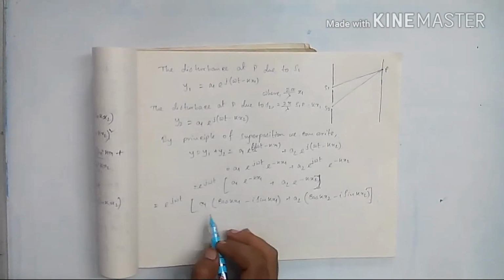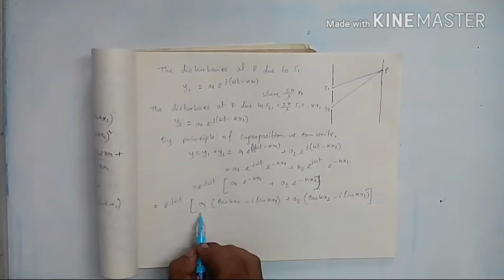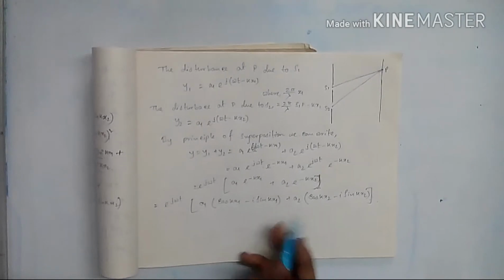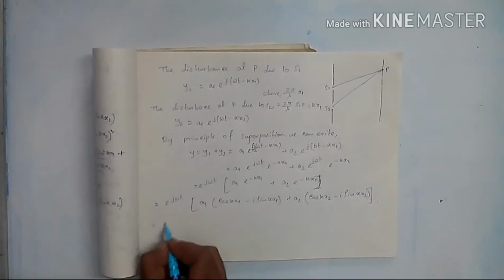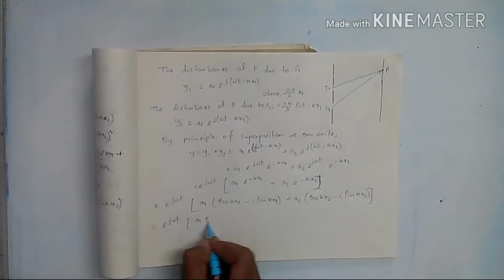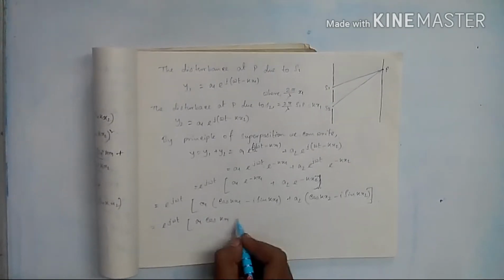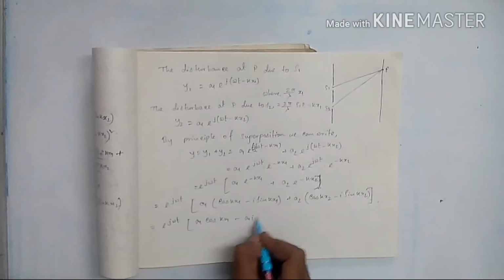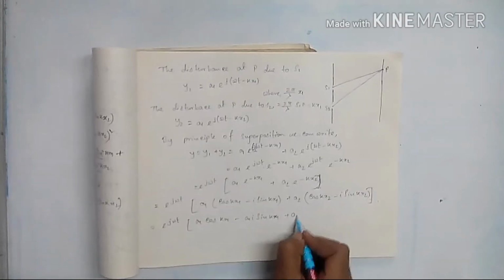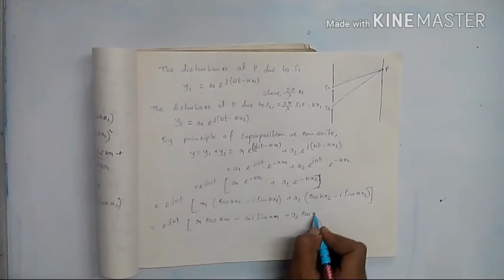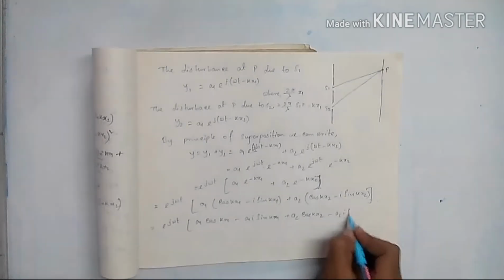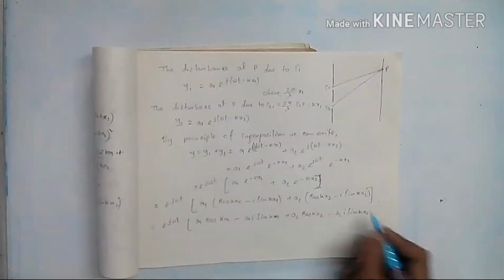Okay, now in the next step we open the bracket and separate the cos term and sin term. So e to the power j omega t times A1 cos kx1 minus A1 i sin kx1 plus A2 cos kx2 minus A2 i sin kx2.